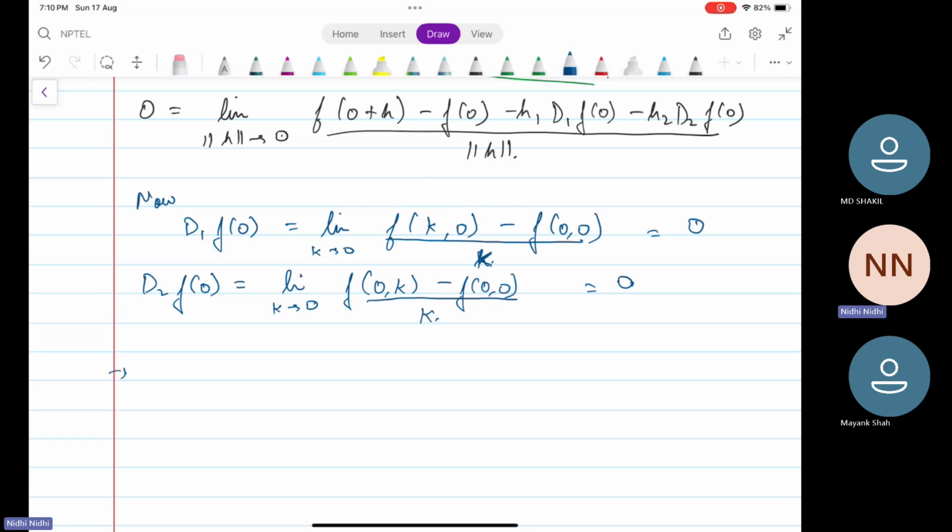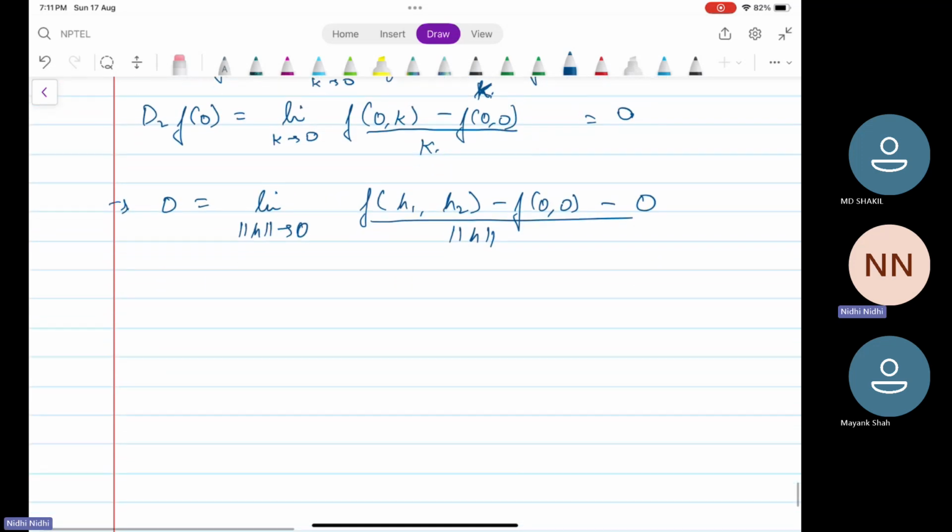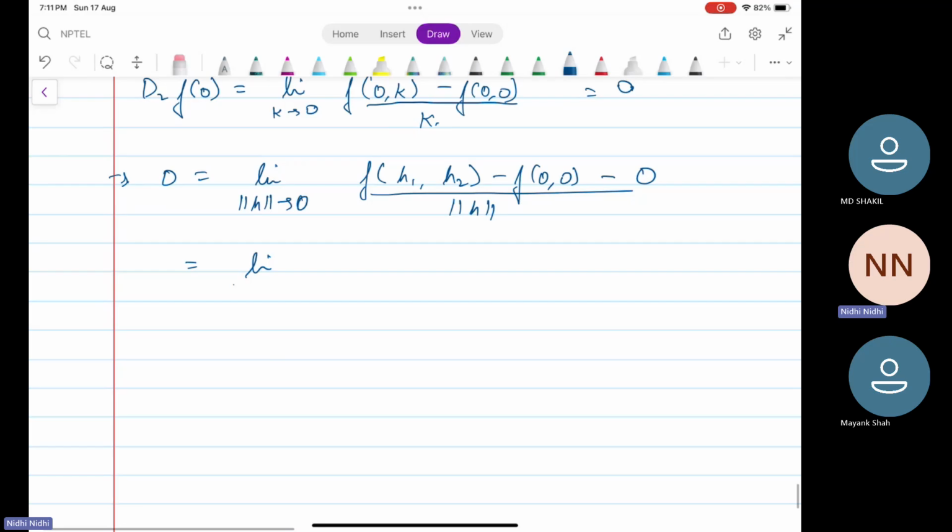So this implies we have 0 equal to the limit as norm h tends to 0 of f at 0 plus h, meaning (h1, h2), minus f at (0, 0), minus both the terms which are 0, divided by norm h.